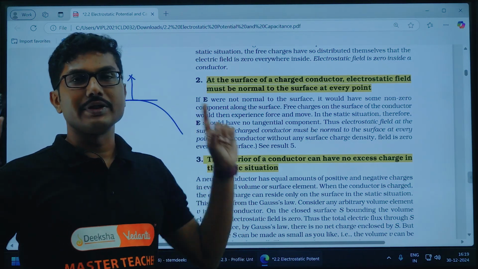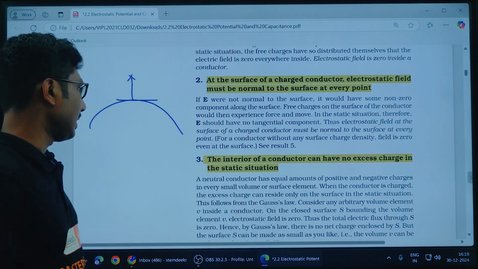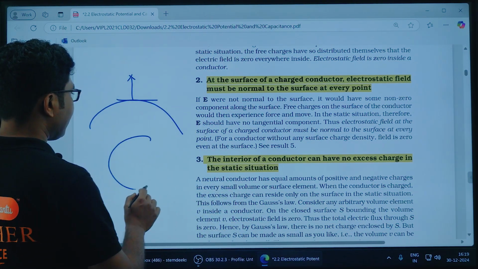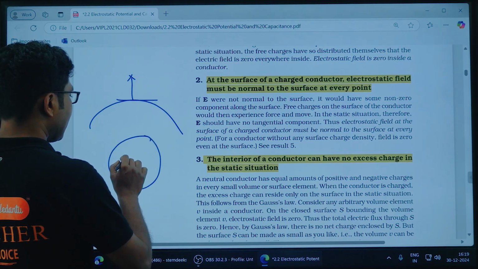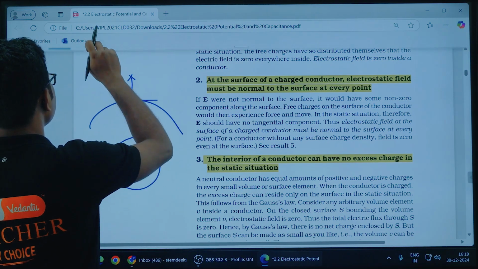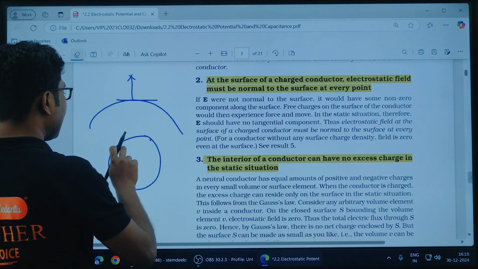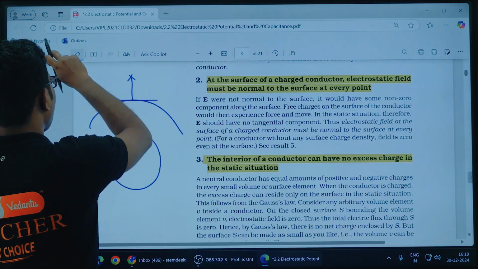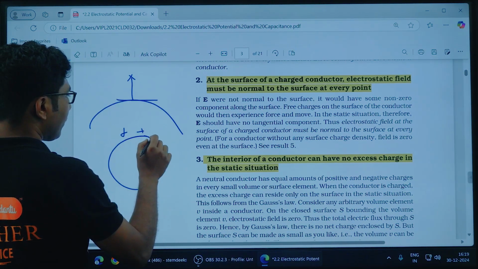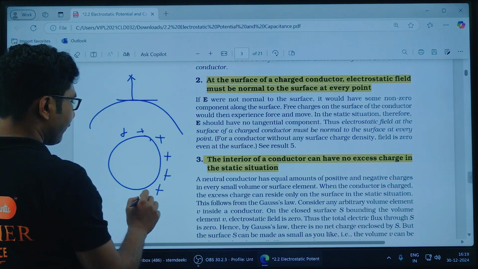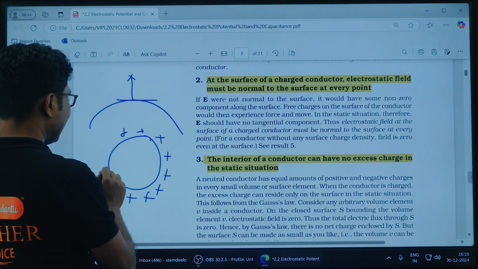All the charges should reside only on the surface of the conductor. Very simple to understand. If there is a conductor and you give it some charges, no matter where you give the charges, they will not stay inside, they will come out. Okay, they will always come out to the surface and they will stay on the surface of the conductor. They will not stay inside.